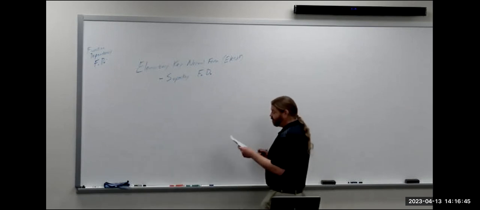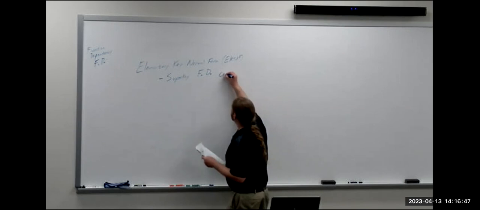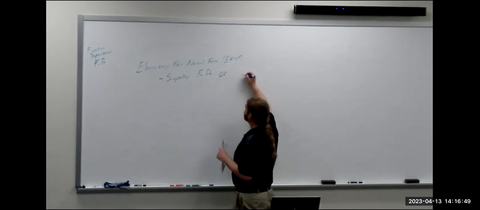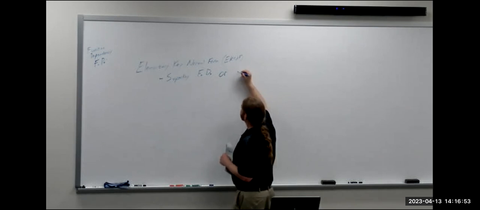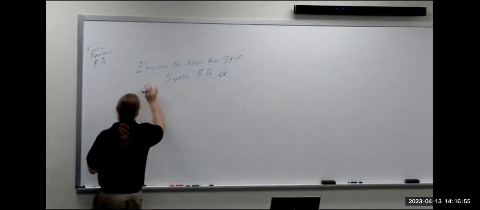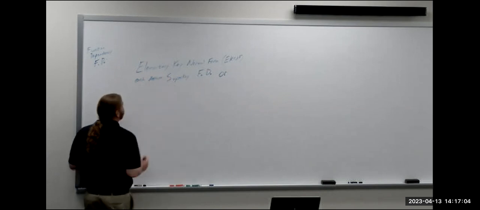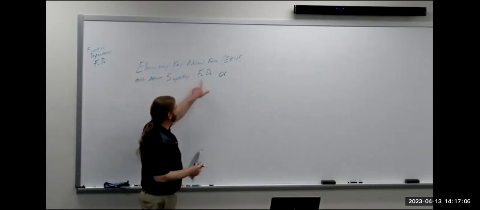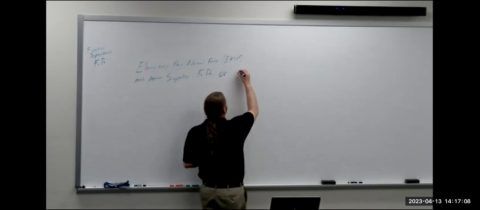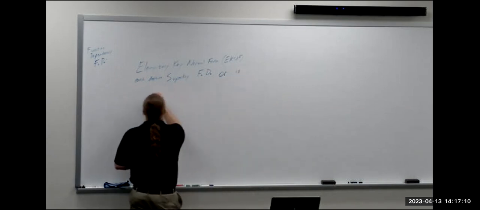So a super key functional dependency, or, I should add something to the beginning. Each attribute in our table has a super key functional dependency or is a prime attribute.